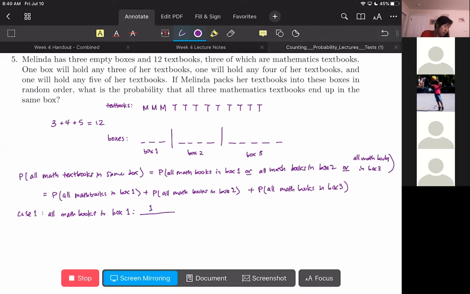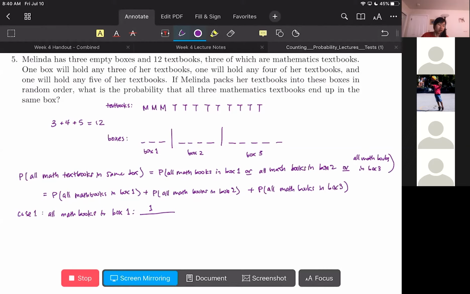But for the denominator, we want to count how many total ways there are for Melinda to distribute 3 math books and 9 non-math books. And to simplify, we've decided that these math books are indistinguishable and these non-math books are indistinguishable. And so here, that simplifies down to the problem of how many different orderings do we have of 3 M's and 9 T's.